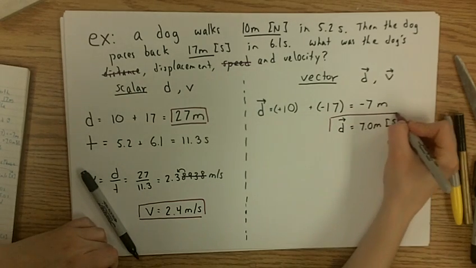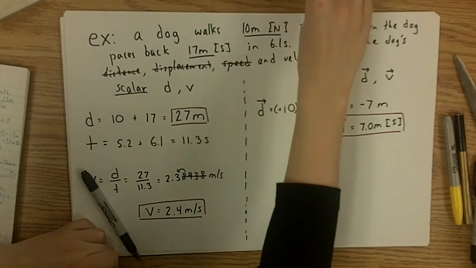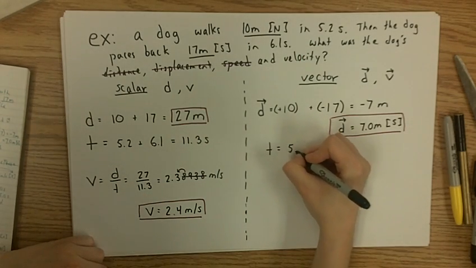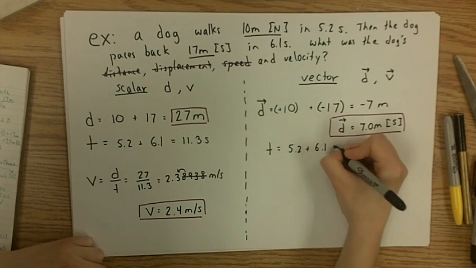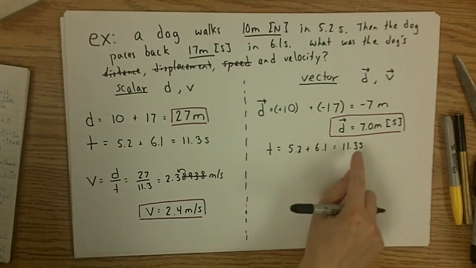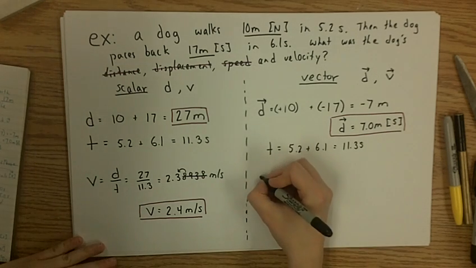This is my displacement. The time it took to do this is still 5.2 plus 6.1 equals 11.3 seconds. Because time is always a scalar, time will be the same no matter what you're looking at.